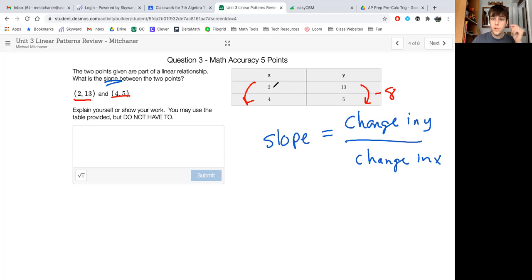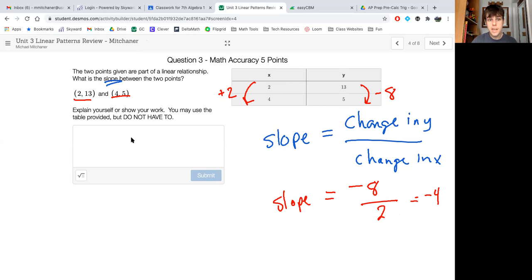And our change in x, we're going from 2 to 4. That's an increase of 2. So when we go to write this slope, we want to write it as change in y on top divided by change in x on the bottom. So -8 over positive 2. This actually divides out evenly. If we divide this, we should end up getting negative 4.